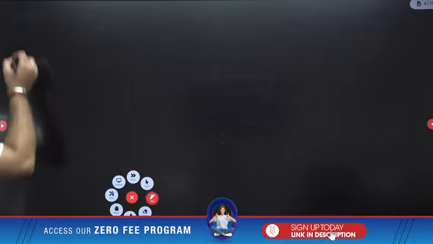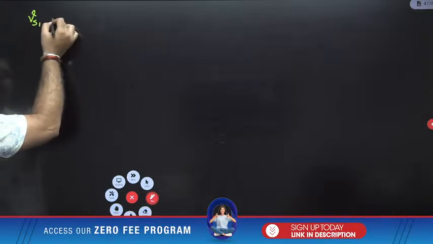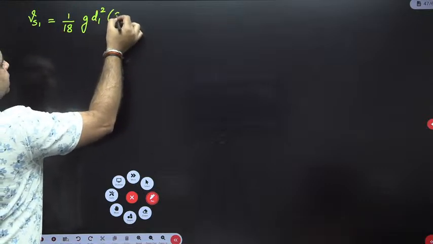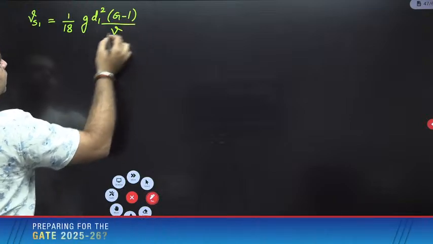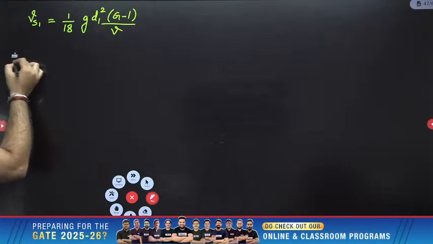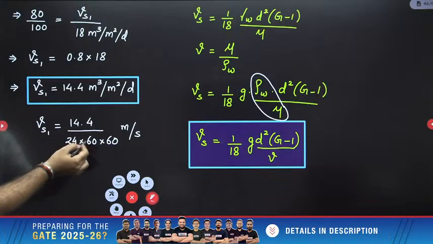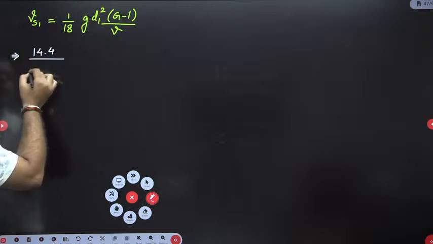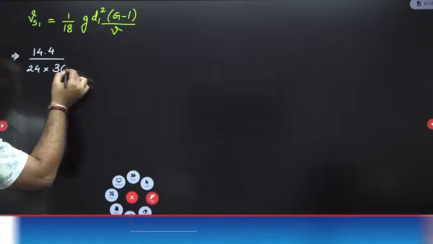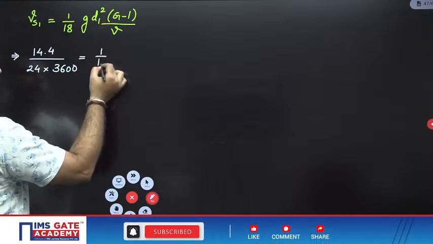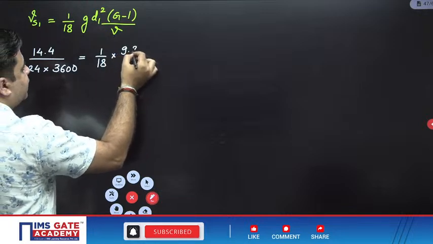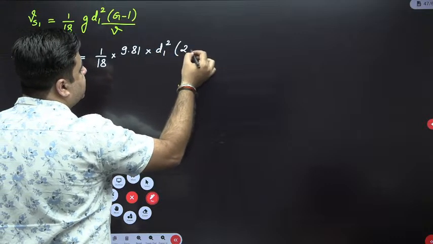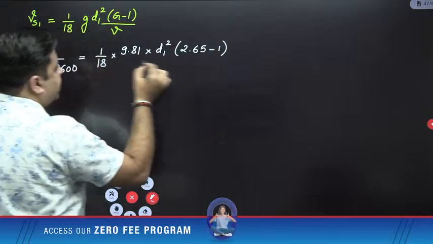So Vs1 is equal to 1 upon 18 G into D1 square into G minus 1 upon nu. Substitute all the values. Vs1 is 14.4 divided by 24 into 3600, equal to 1 upon 18, G is 9.81, into D1 square, into 2.65 minus 1, divided by nu.